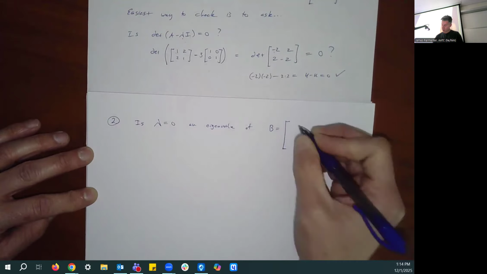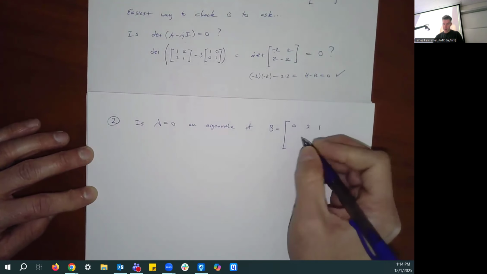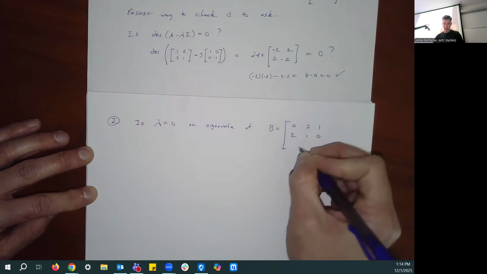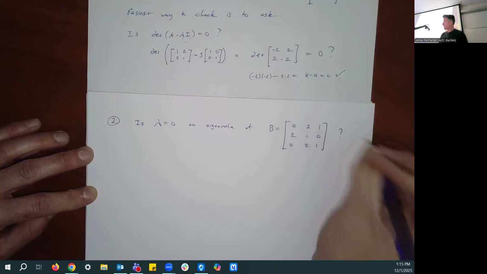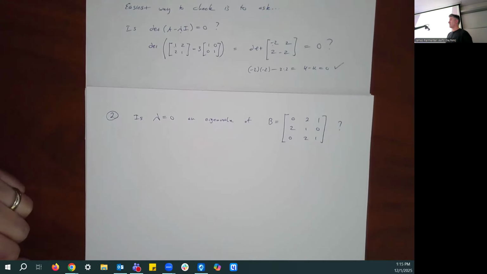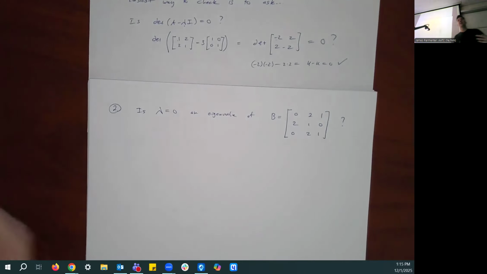B equal to 0, 2, 1, 2, 1, 0, 0, 2, 1. And especially in the situation where we have a 3 by 3 matrix, it's much more challenging.